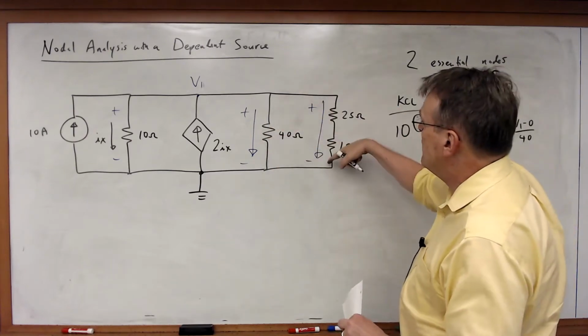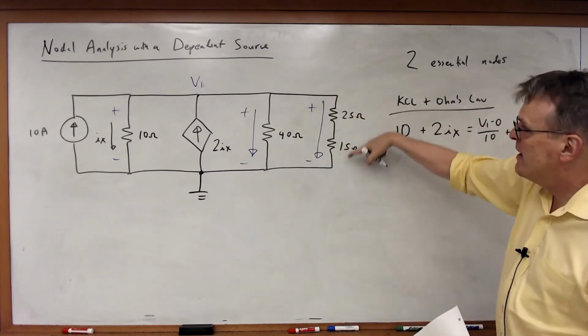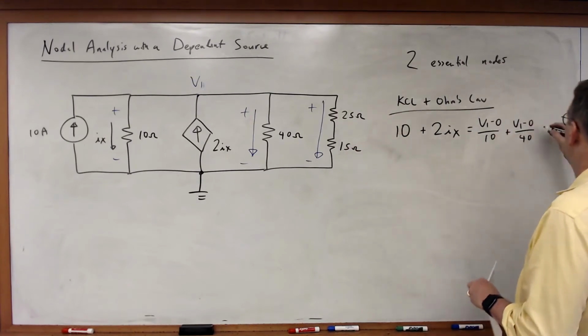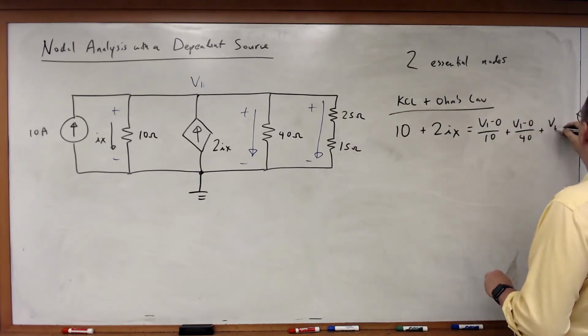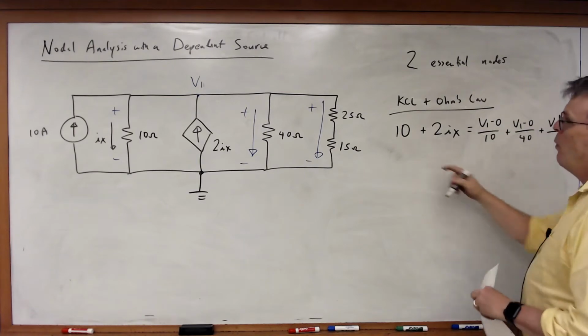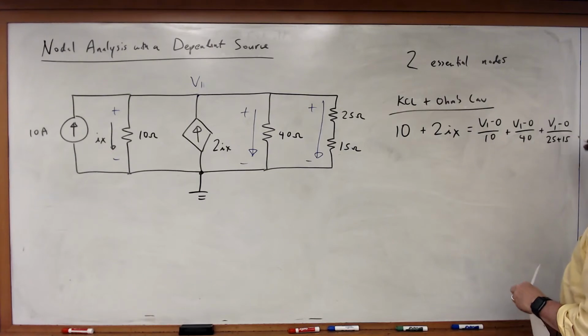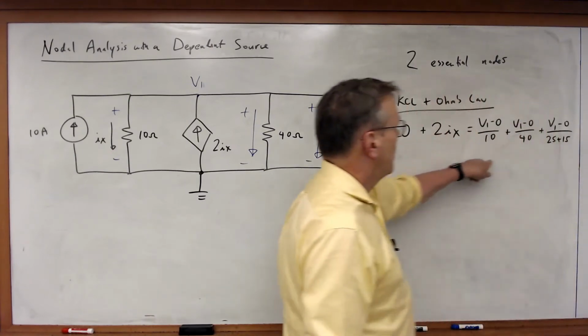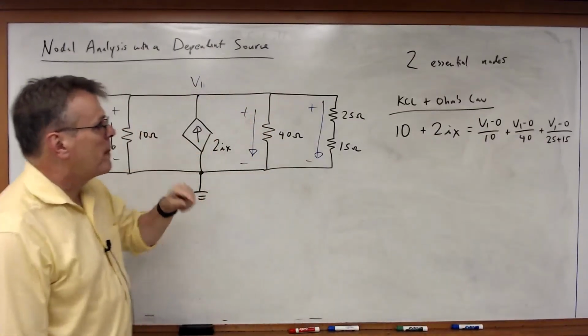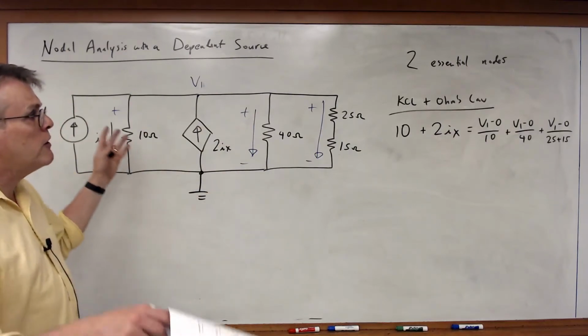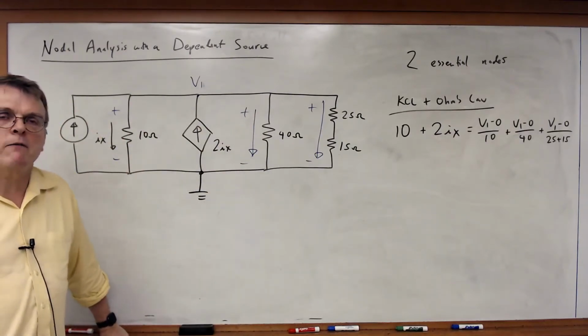Okay? So, here are my equations. I've written my KCL equation. There are no other KCL equations I can write for an essential node.